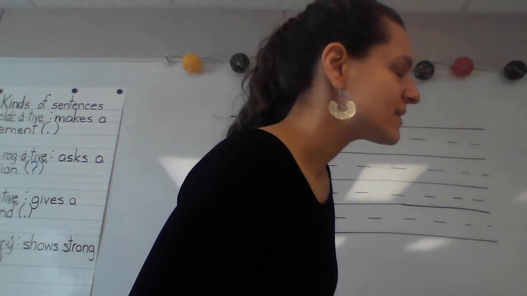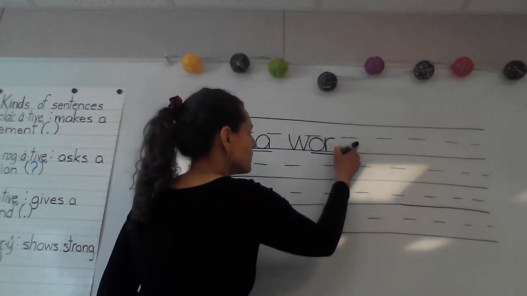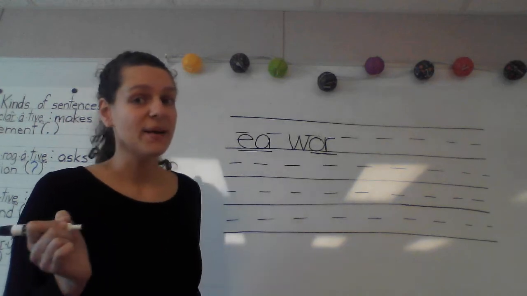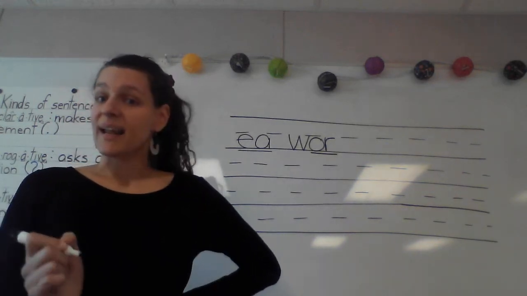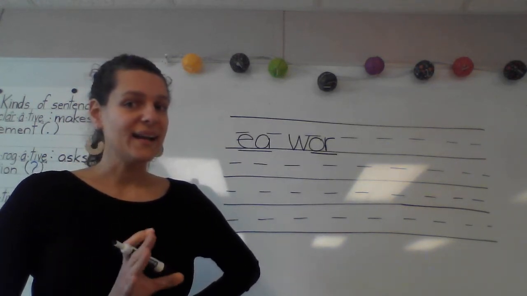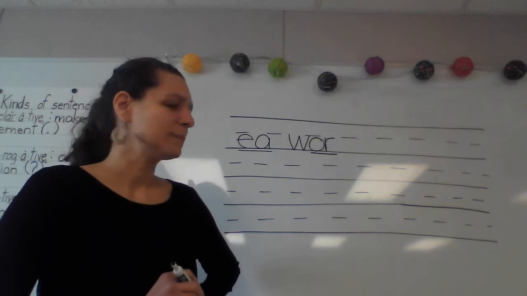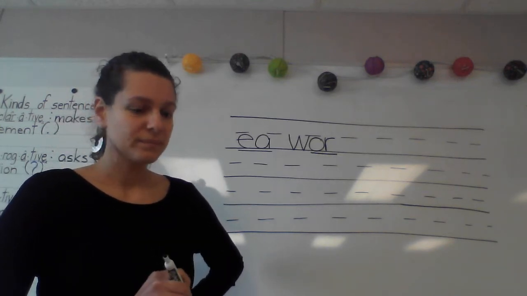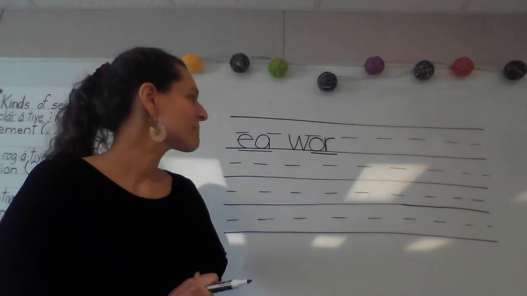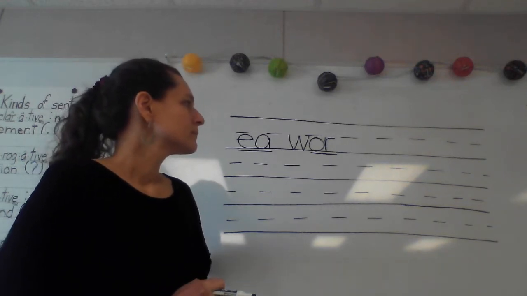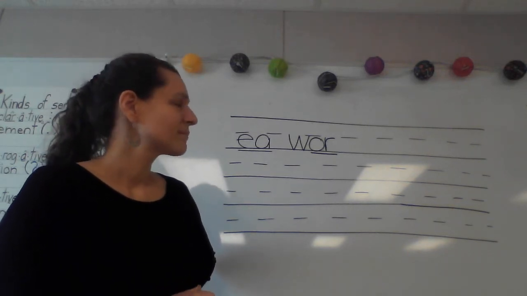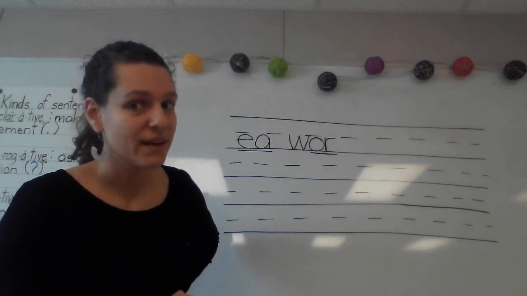All right, our next phonogram is ow, o, oo. Class, what are you going to write? Good. Ow, o, oo. Write it and say it while you write it. All right, class, put your finger under that phonogram.